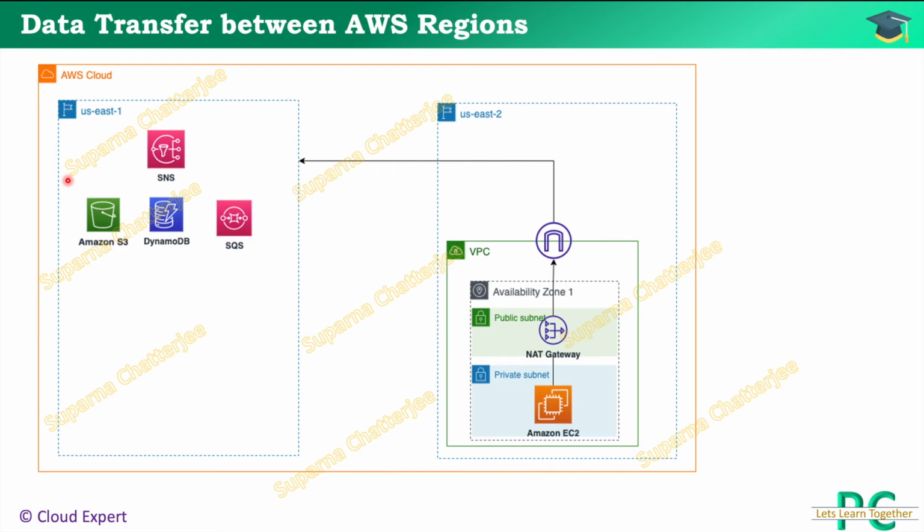Maybe you have an S3 bucket, a DynamoDB table, an SQS queue or an SNS topic in the US-East-1 region, and you are trying to invoke those public APIs from a different region. In this example, we are invoking from the US-East-2 region. And now let's understand what the data transfer charges will be.